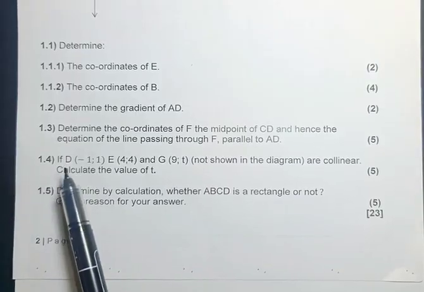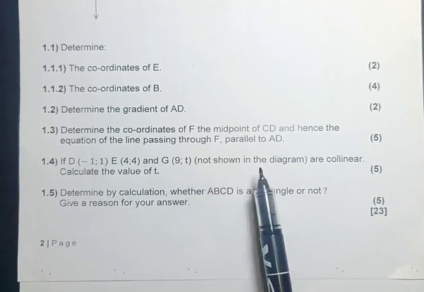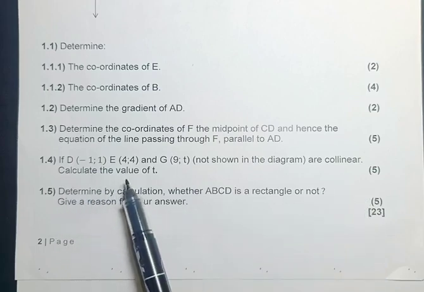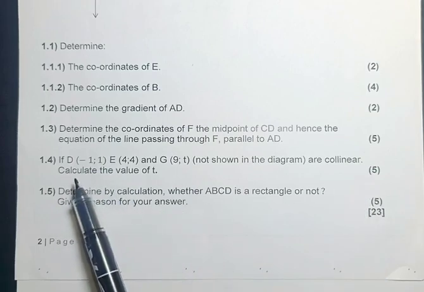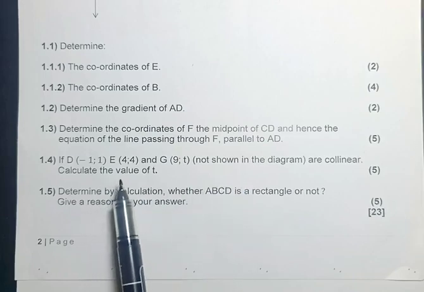Question 1.4 says: if D, E and G, which is not shown in the diagram, are collinear, calculate the value of t. So these three points D, E and G are collinear, and you must find the value of t, which is missing here.